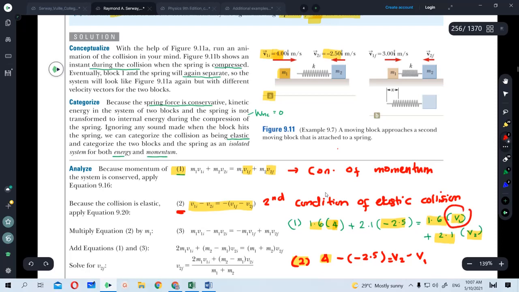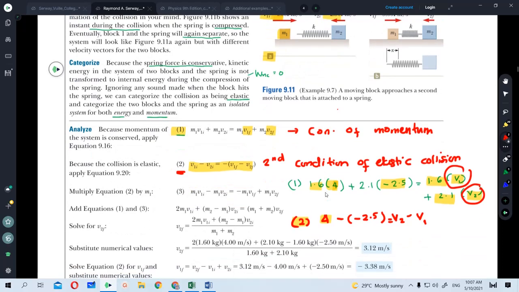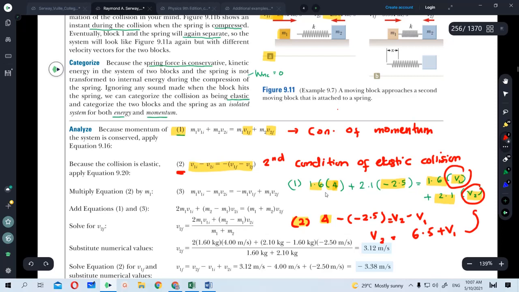You have two unknowns, V1 and V2, in both expressions. So my suggestion is to simplify: V2 is equivalent to 6.5 plus V1, then substitute into the conservation of momentum equation.